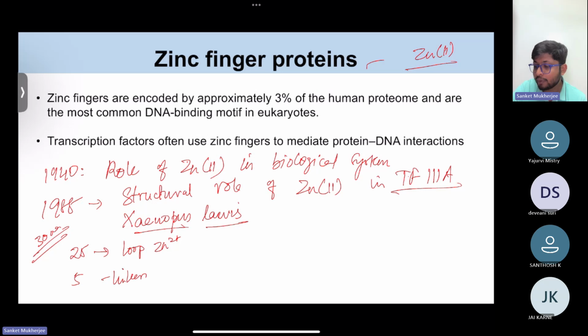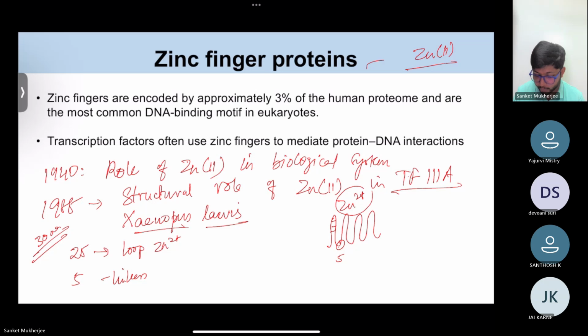So five of them are linkers and the rest 25 are in this loop, around the zinc ion. That's why they are called zinc fingers. This is how they look, and they bind to DNA.